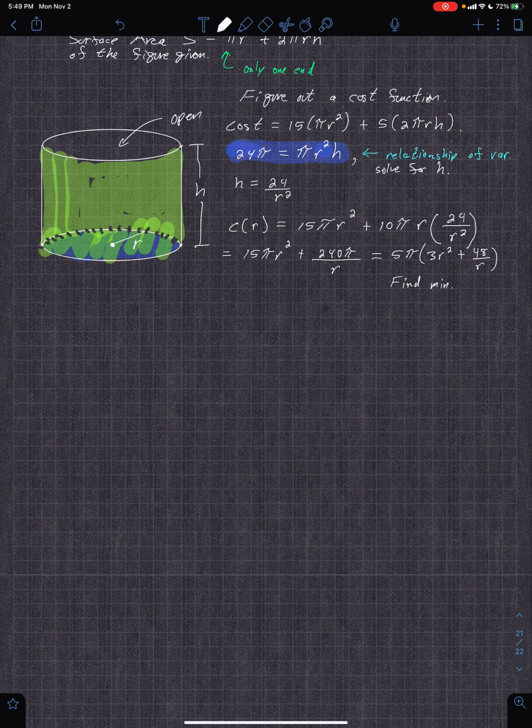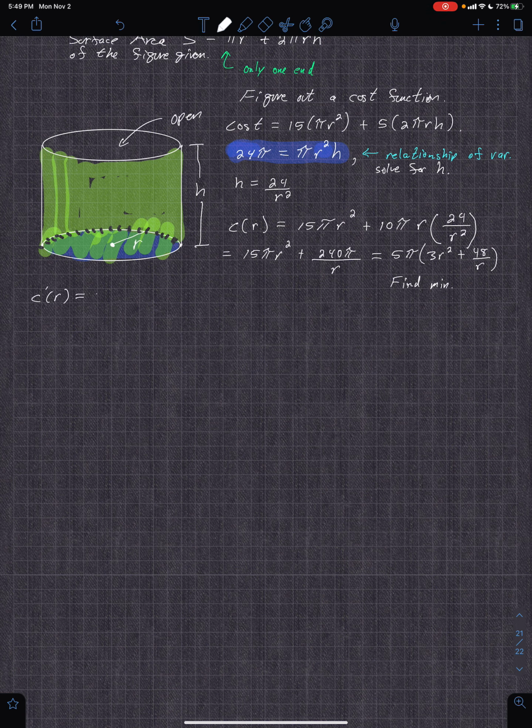All right, so C prime, take the derivative now. C prime is 5 pi, and then you get 6r minus 48 over r squared, equal to, and then you just simplify, 30 pi.